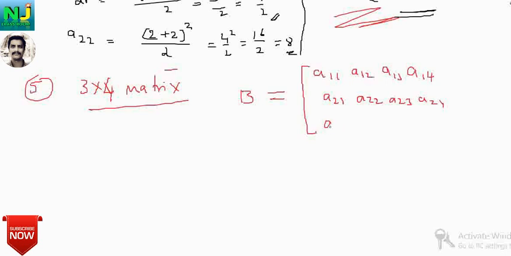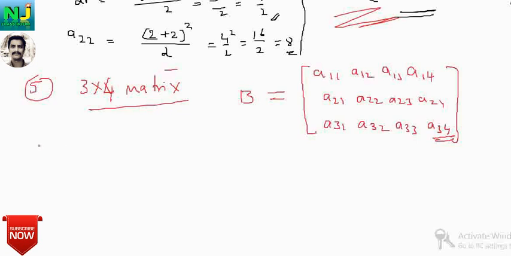Next a31, a32, a33, a34. Look, the last element clearly tells you 3 4. For a 3 cross 4 matrix, a34 must come. Clear? That is very simple. So this is what is called the 3 cross 4 matrix.